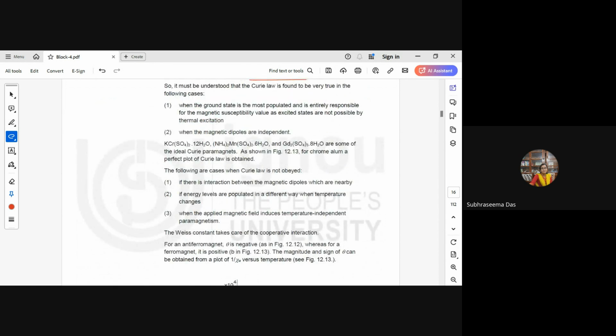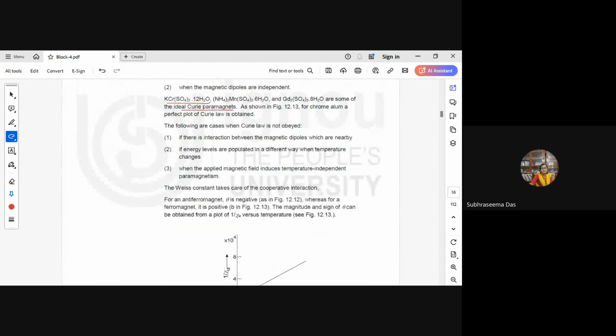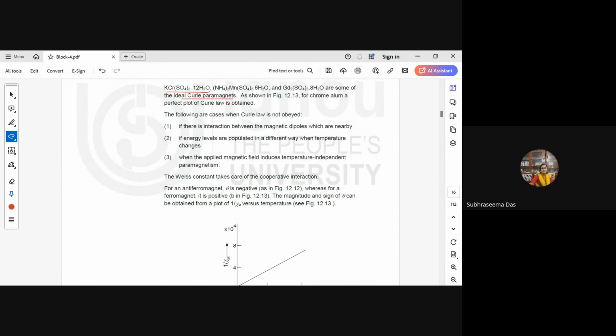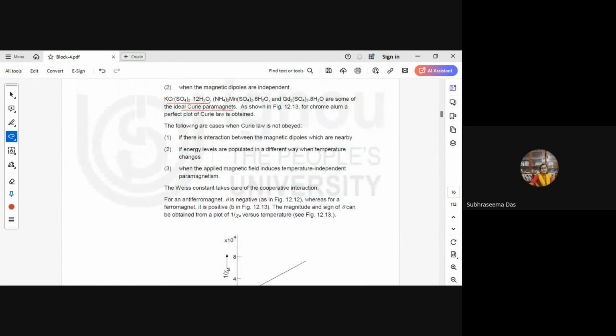An example of an ideal Curie paramagnet is chrome alum, KCr(SO4)2.12H2O. In figure 12.13, a plot of 1 by chi m versus T for chrome alum is shown. The line passes through the origin, and it is a perfect example that follows Curie law.